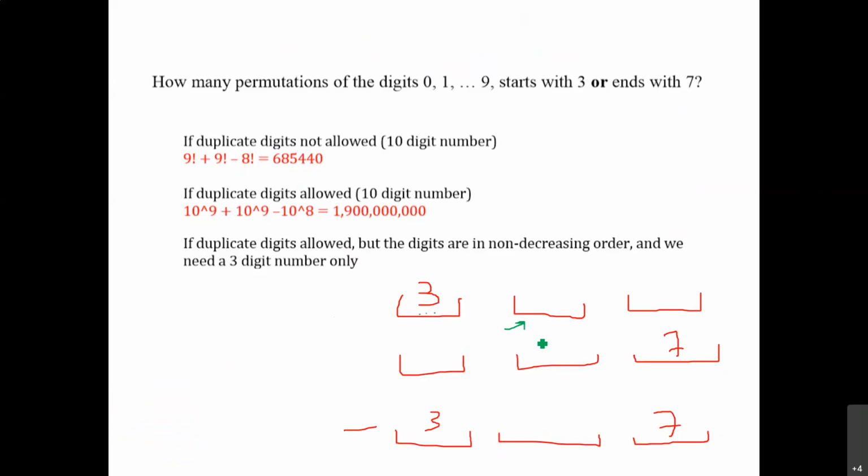Anything that's greater than or equal to 3 would be allowed. I can't put 2, 1, 0 here, but anything else is fine. So 3 would be okay, 4, 5, 6, 7, 8, all the way to 9. All of these are okay.